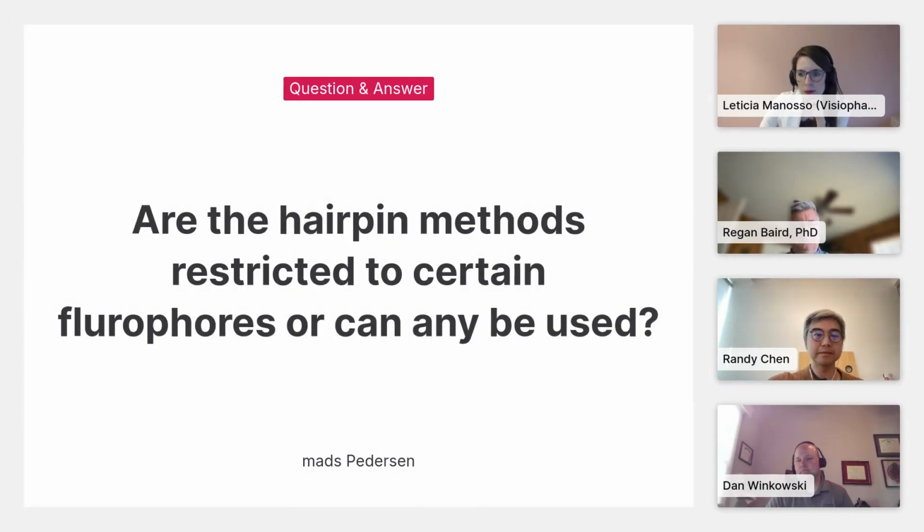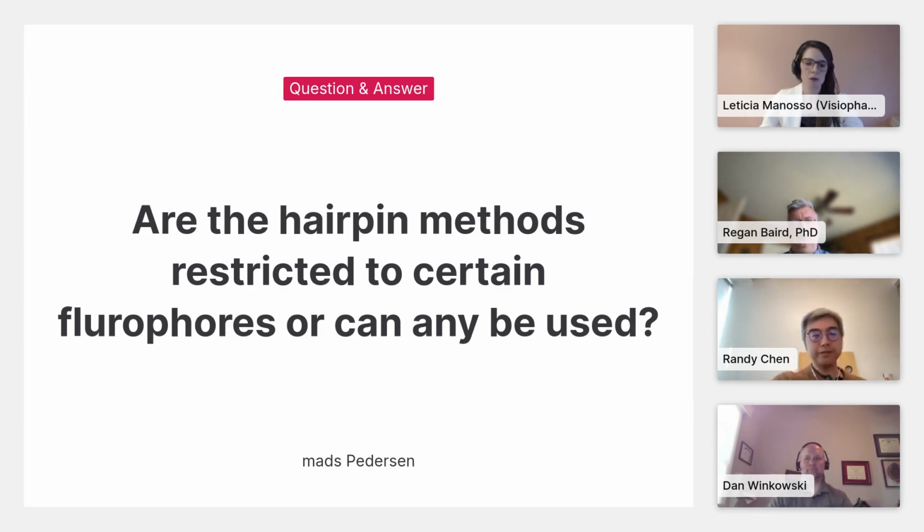I think, okay, I just saw one more here. Are the hairpin methods restricted to certain fluorophores, or can any be used? No, as long as it complies with our conjugation method, then it can be used.